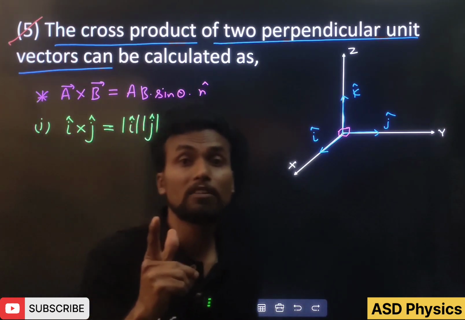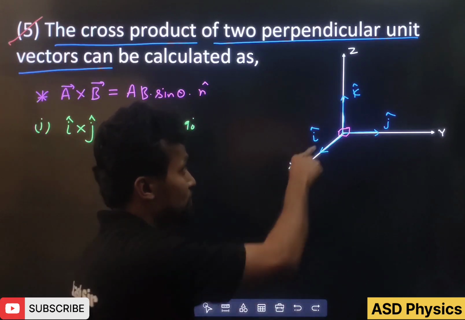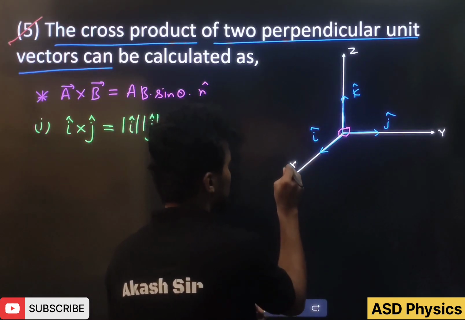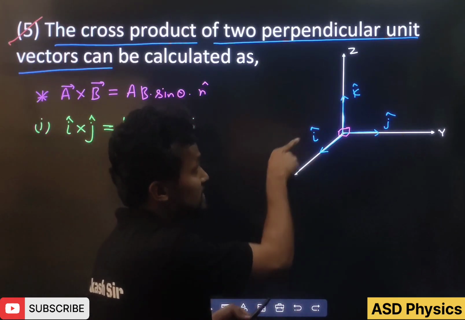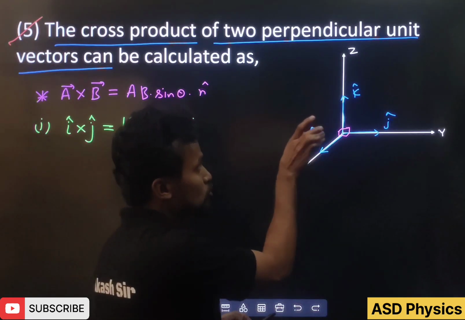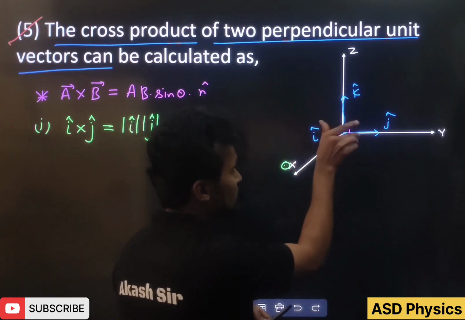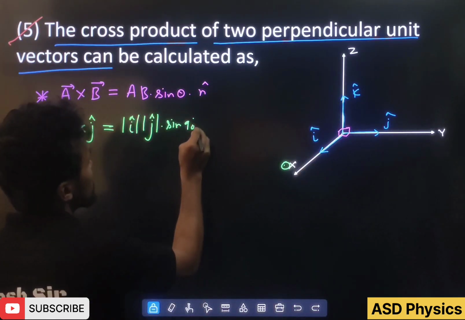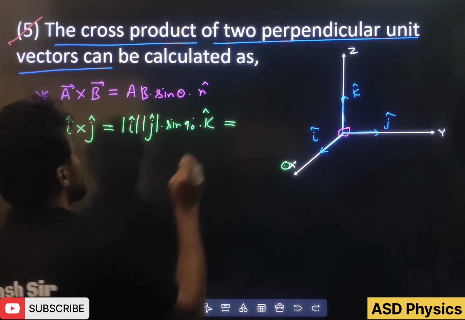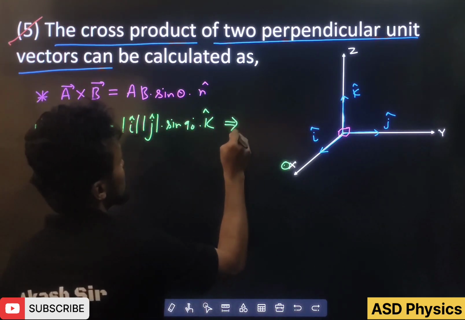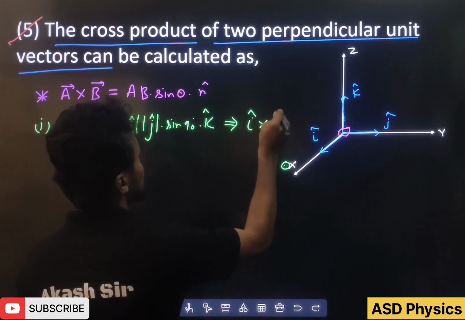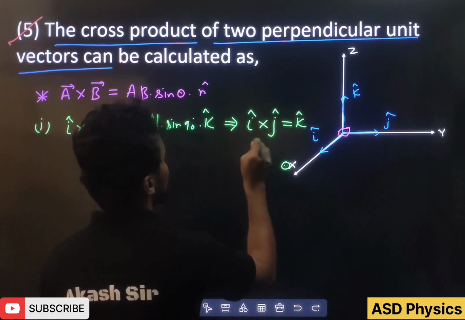Now we have to curl our fingers from where to where? I to j. I is out of the board. Now this x-axis i cap is out of the board. So I will curl the finger i to j. Thumb is going in which direction? Along the k cap direction. So what will come here, students? This will come: i cap cross j cap is equal to k cap.